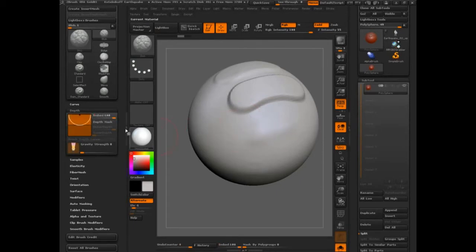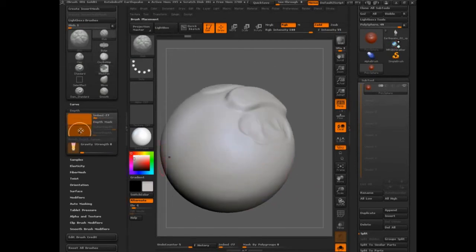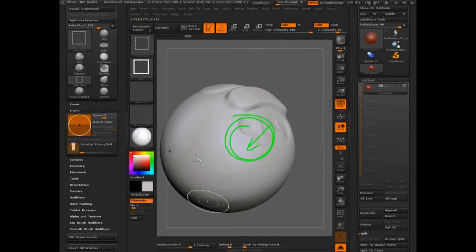One second. Nice. So it appears that the blob brush's effect getting lowered into the surface is just causing it to miss some things, it's not establishing the proper chatter.